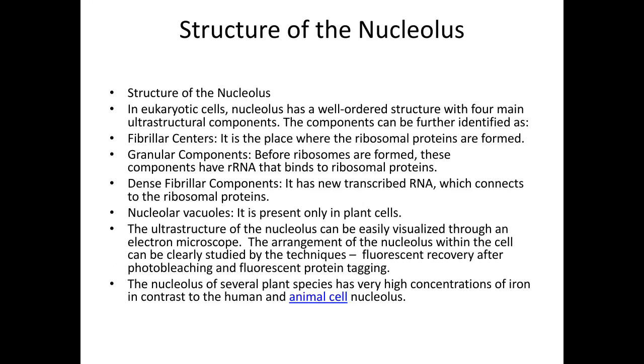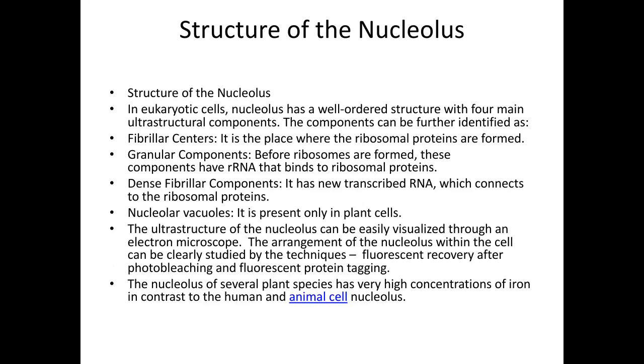These components have ribosomal RNA that binds to ribosomal proteins. Dense fibrillar components, which have newly transcribed RNA that connects to the ribosomal proteins. Nucleolar vacuoles, which are present only in plant cells.